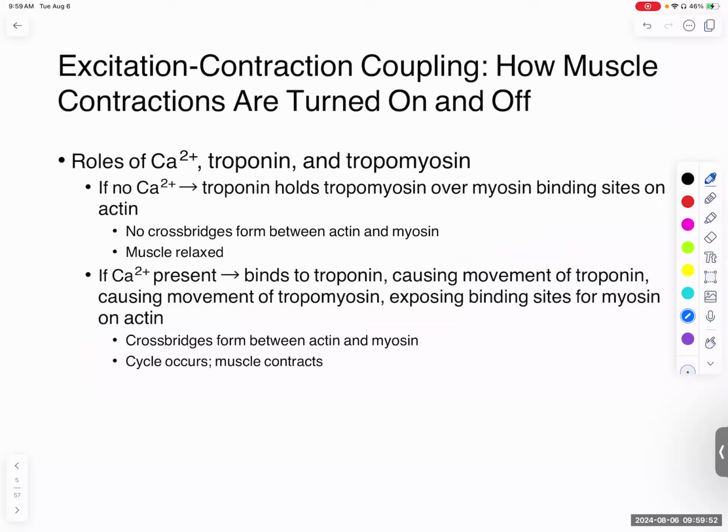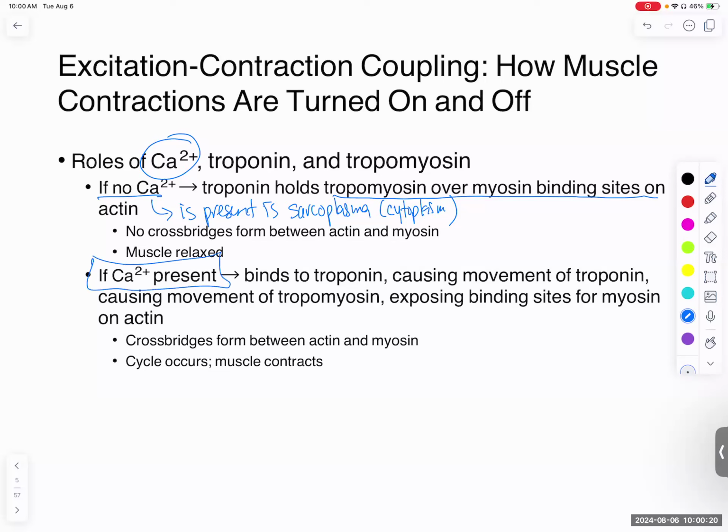Roles of calcium. As stated before, calcium is a signaling molecule. If no calcium is present in the sarcoplasm, which is really the cytoplasm, then no cross bridges can form because troponin holds tropomyosin over the myosin binding sites.